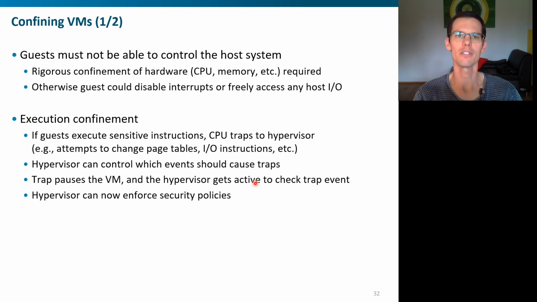And if the trap is called for an instruction that is allowed, the hypervisor can actually return back to the VM. If it's some non-permissive instruction that the hypervisor wants to forbid, it can pretty much kill or destroy the VM. This gives you the full control of enforcing the security policies.